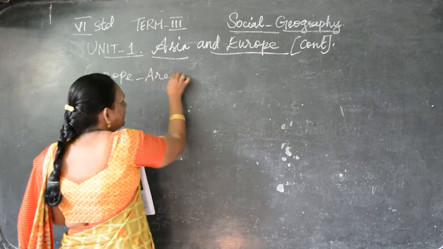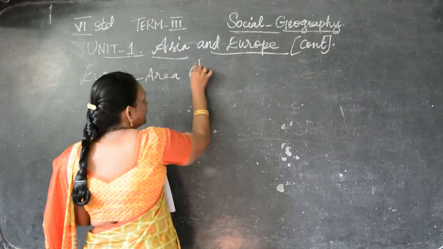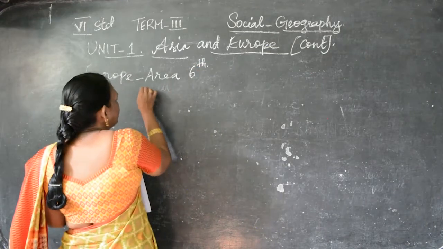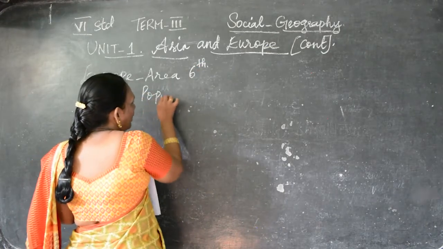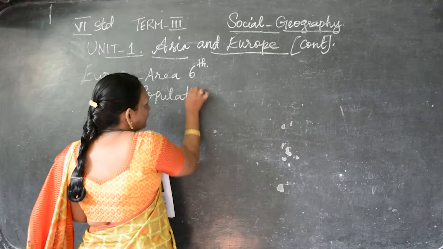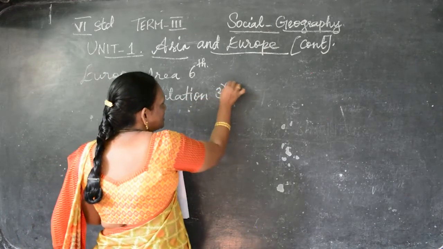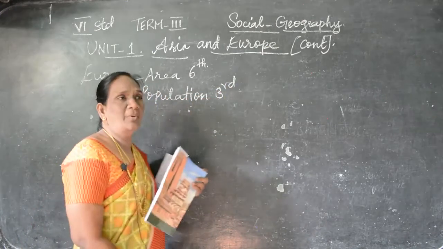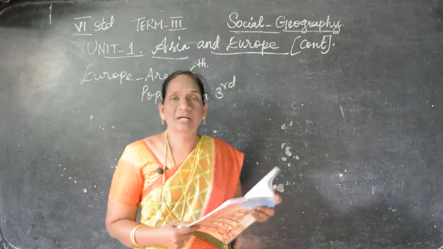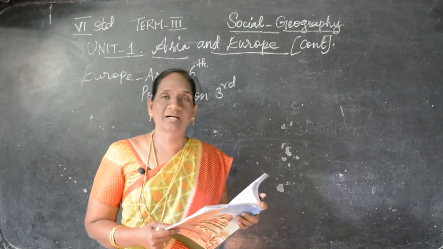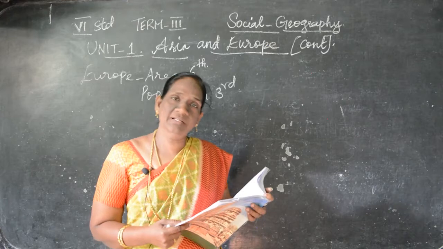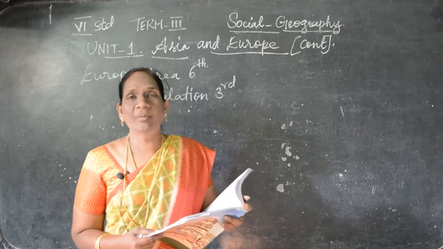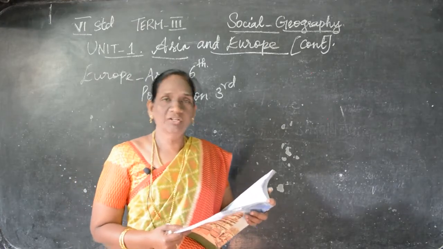The size in area is 6th, and the population is third. The first most populated continent among the world is Asia, the second is Africa, and the third is Europe.